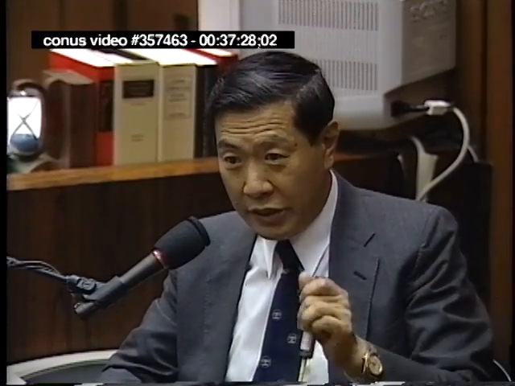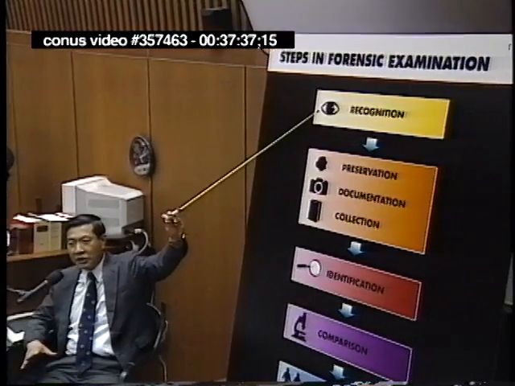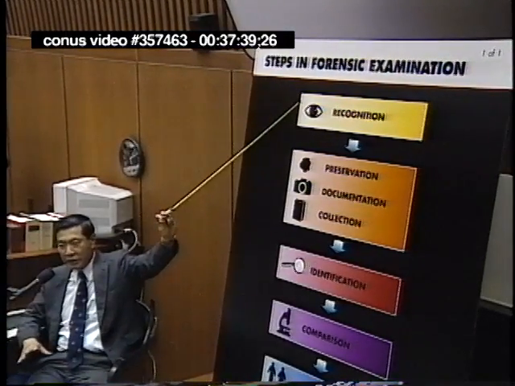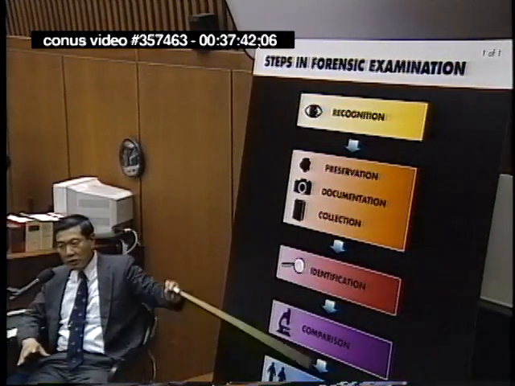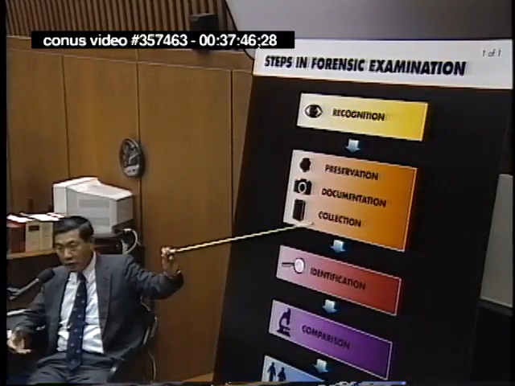First step of any forensic examination of the crime scene or physical evidence, you have to go through a step called recognition. You have to see it, recognize it, before we can do anything. If any potential evidence, you did not see it, or imprint evidence on a certain object, you did not recognize it, subsequent steps become obsolete.